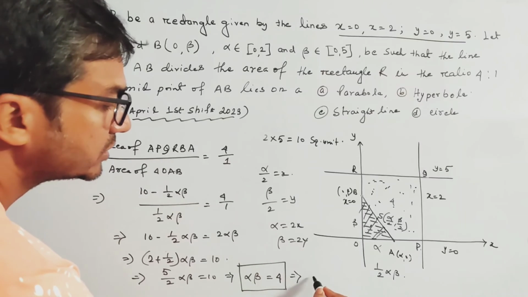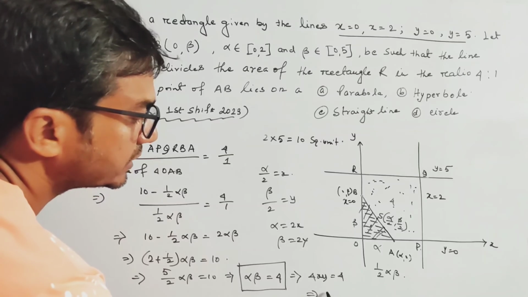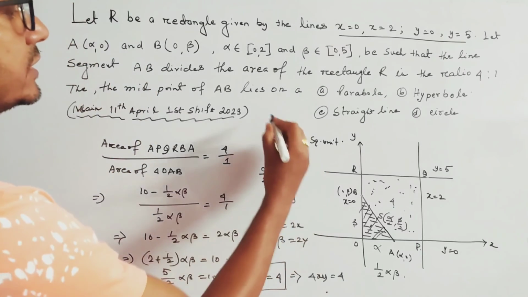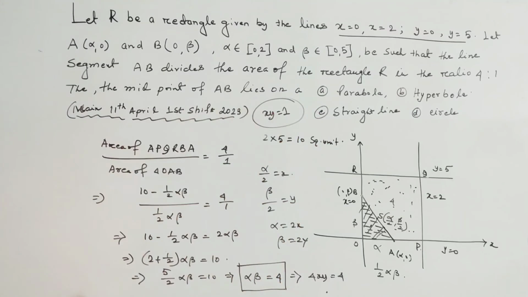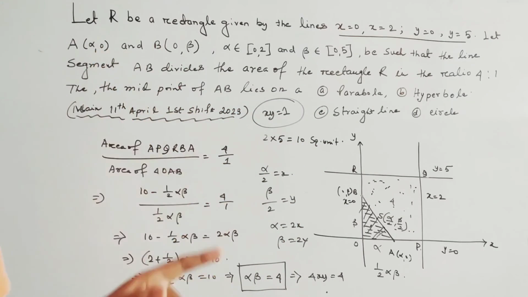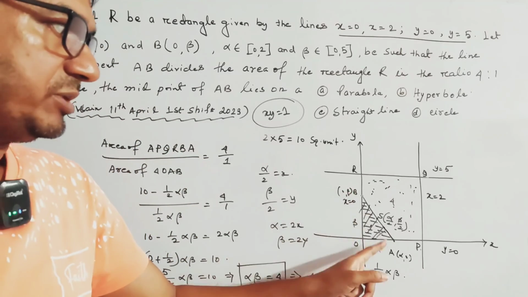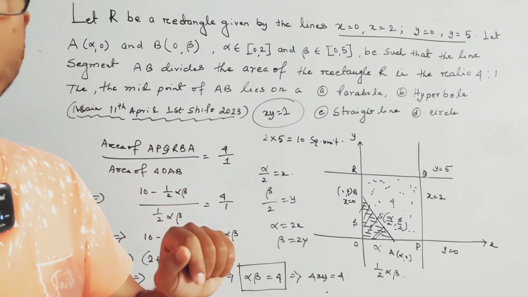So we get 4xy equal to 4, that is xy equal to 1. So the locus of the midpoint of AB is given by xy equal to 1.